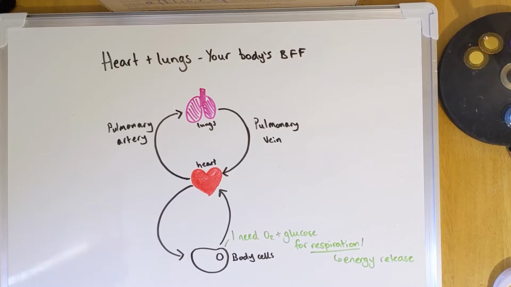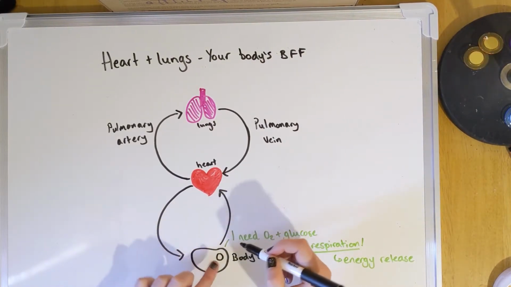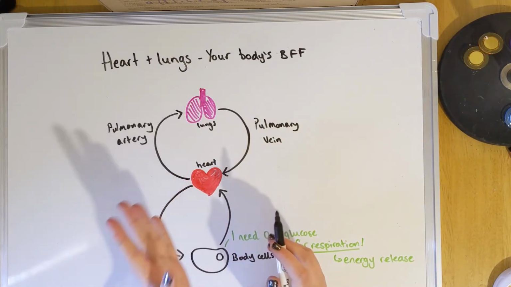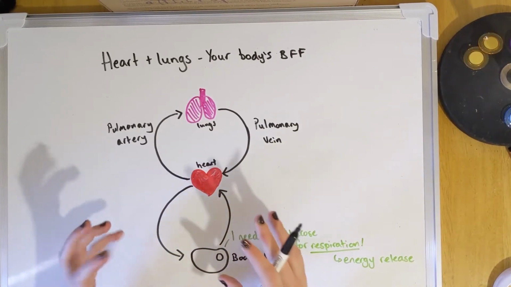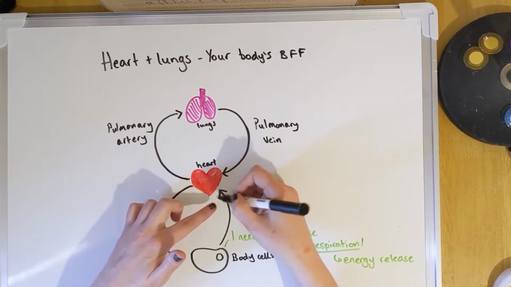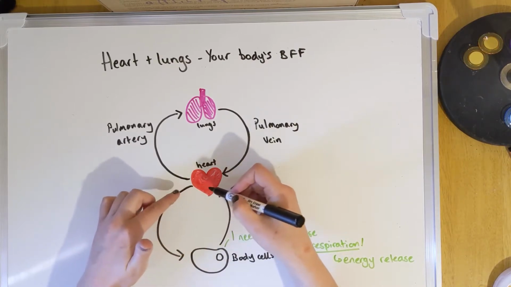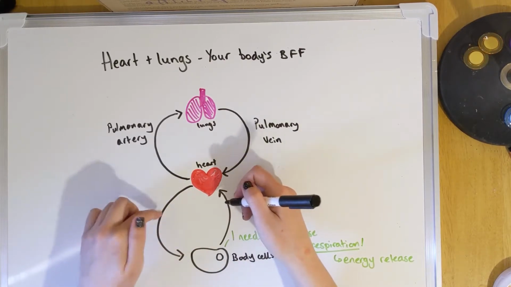If we look a bit further down, now these are a bit more complicated. Not every single blood vessel that is going from your body to your heart and from your heart to your body is named, but we're thinking just of the blood vessels bringing the blood immediately into the heart from the body and immediately taking the blood out of the heart to the body.